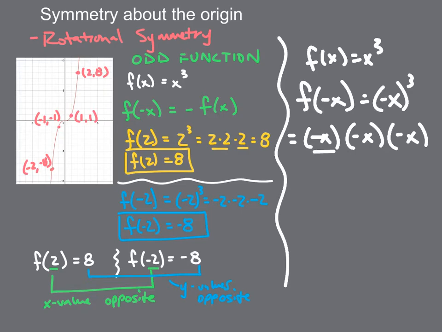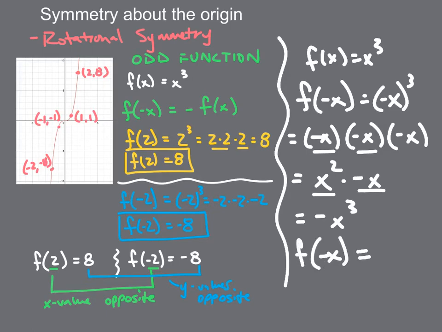Negative x times negative x gives us a positive x squared, and then multiply that by another negative x. A positive times a negative is going to give us a negative, so we have negative x cubed. And so we have f of negative x is equal to negative x cubed.